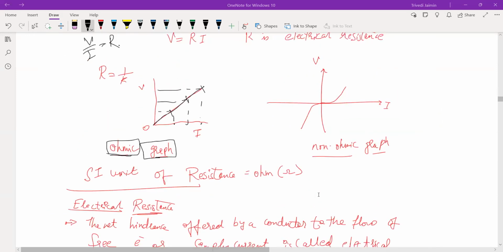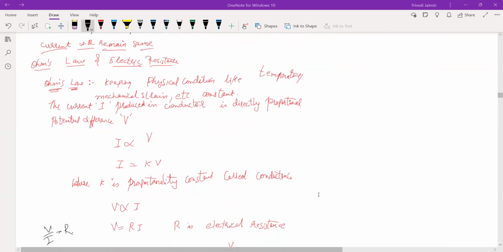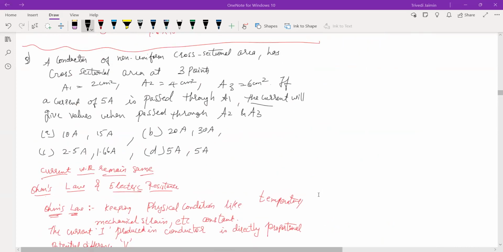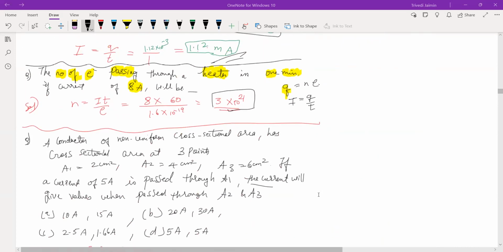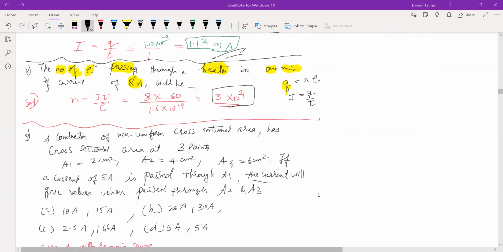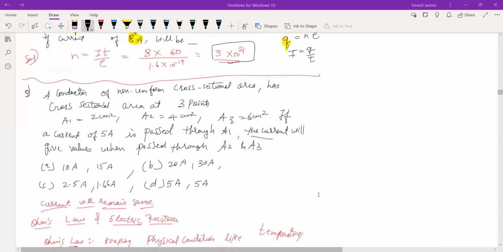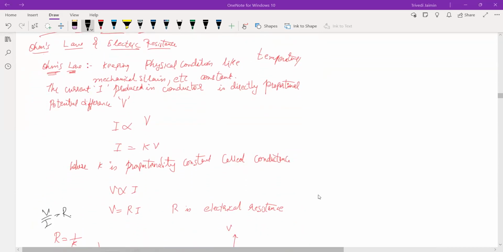Okay, we'll see Ohm's law today. What is Ohm's law?